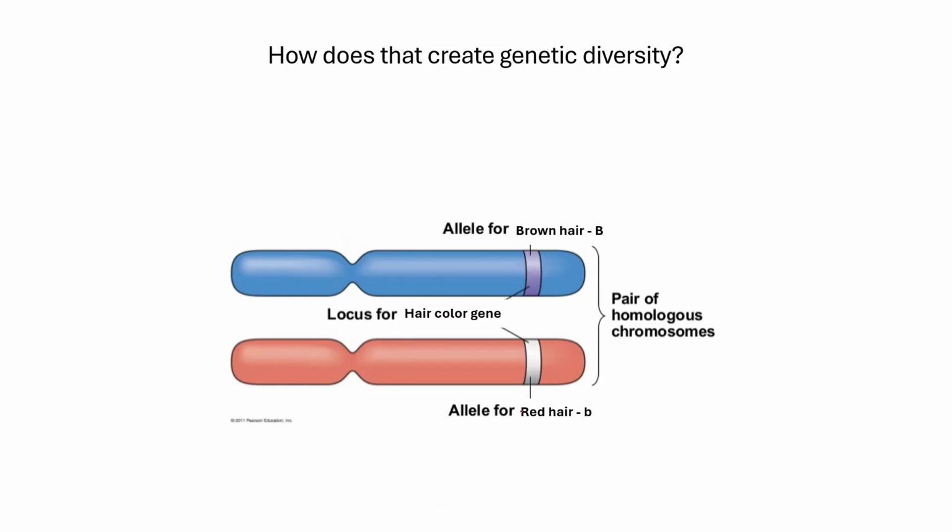And again, and I can't stress this enough, the function of the gene is not per se different. In this case, the hair color gene is the gene responsible for the function of hair color. But what color is being expressed is either brown or red.